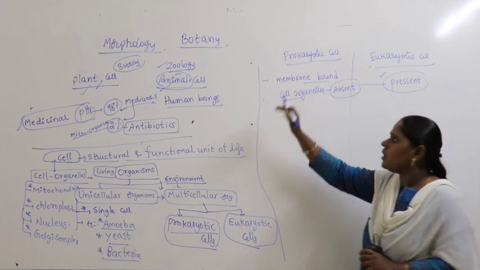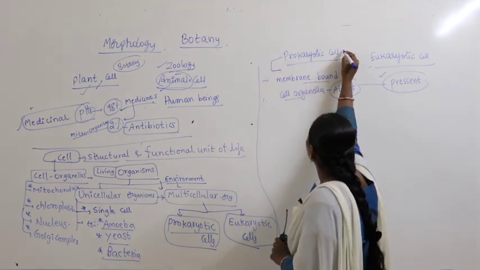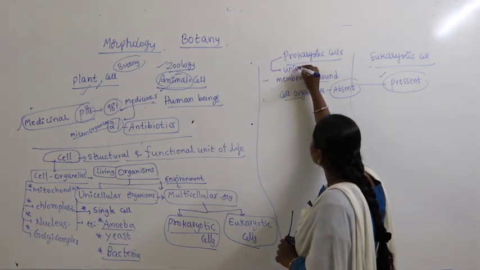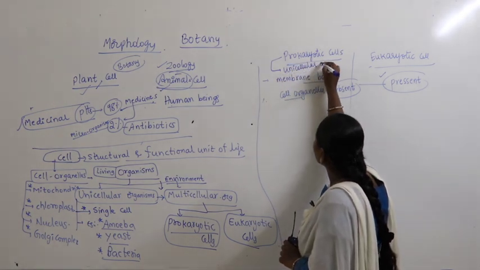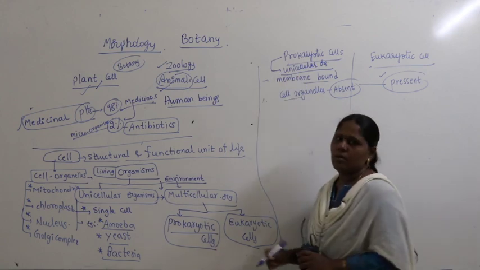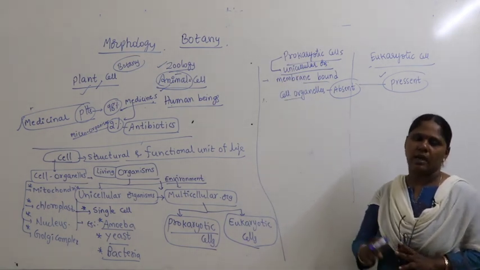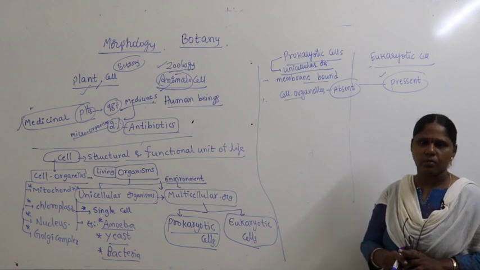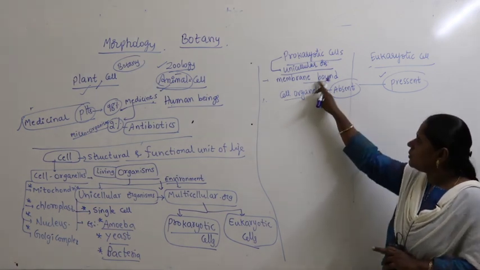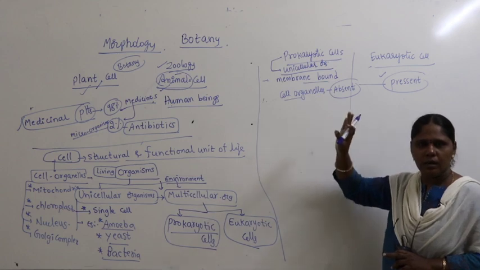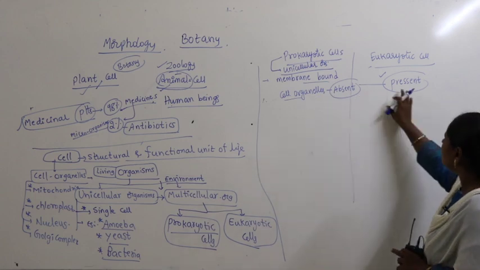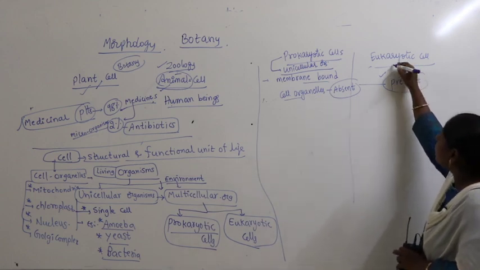Why? Because prokaryotic cells are unicellular organisms. They have only a single cell. So all these membrane bound cell organelles are totally absent, but they are present in case of eukaryotic cells. Why?